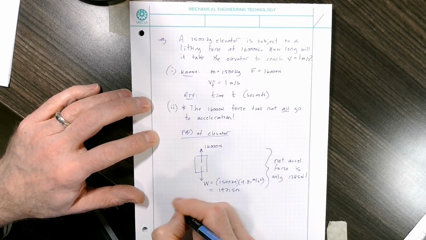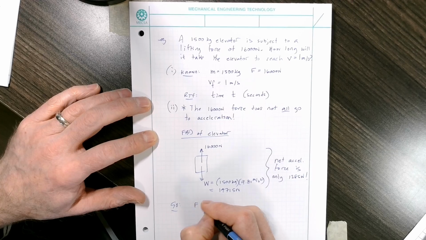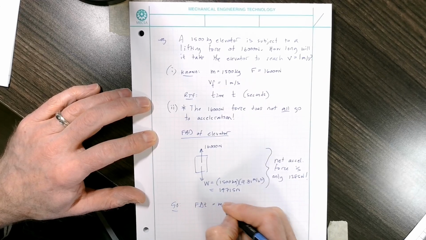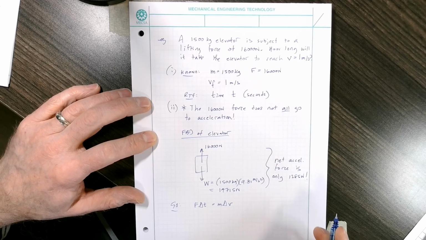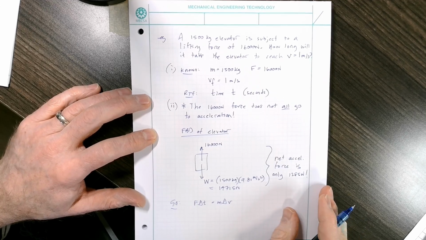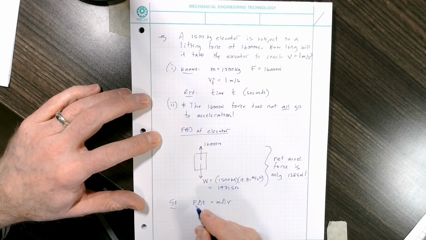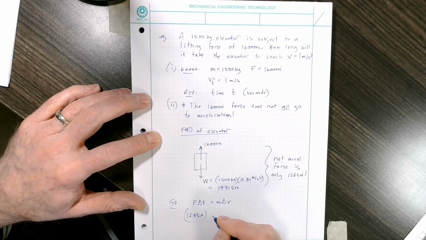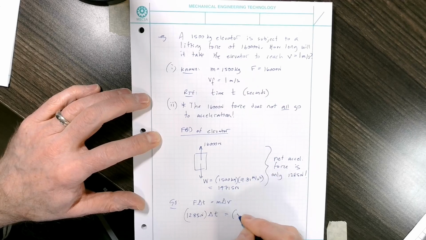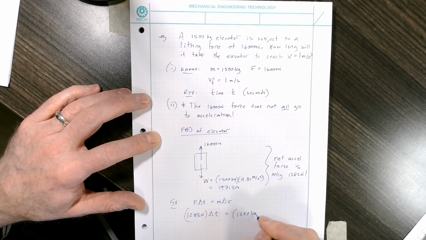Okay, so F delta T is M delta V. The applied force, the force to accelerate, is the force that's causing acceleration. Very important distinction. 1,285 newtons. Delta T is the unknown. Mass 1,500 kilograms.